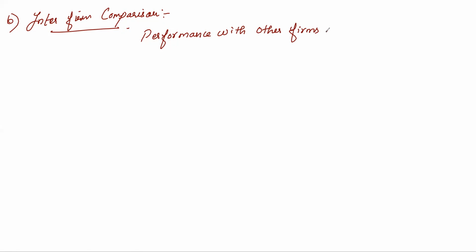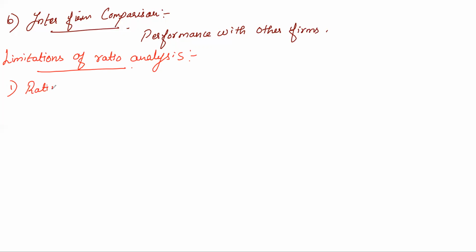Next, disadvantages. That means limitations of ratio analysis. So advantages and disadvantages. First limitation, ratios are only means. Then second one is accuracy of financial information.